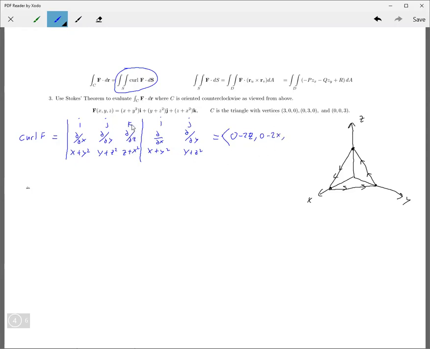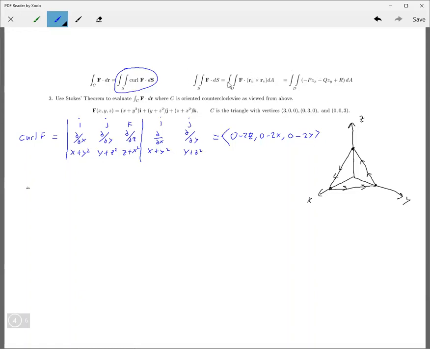And then the third component was the partial of this with respect to x, which is 0, minus the partial of this with respect to y, so 2y. So the curl is (negative 2z, negative 2x, negative 2y).